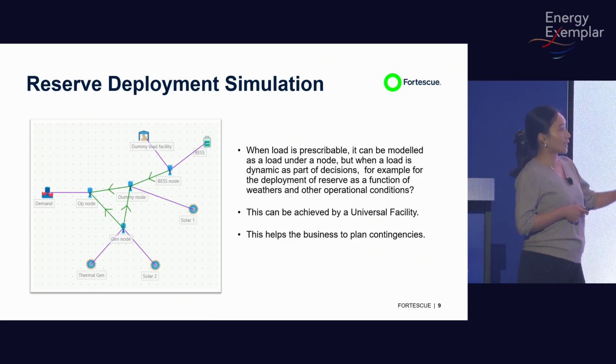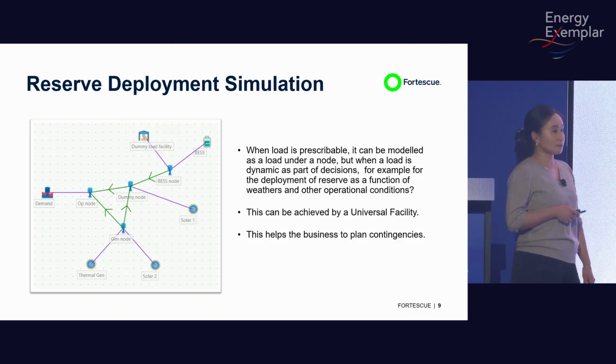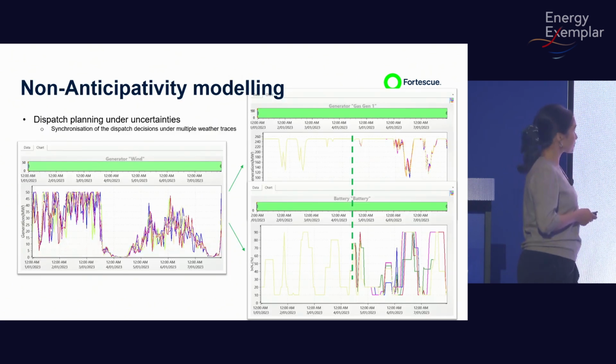Given that rationale, we can basically synthesize the behavior and also do the simulation and the uncertainties for deploying reserves. So this is a very simple toy model. The whole model is more complicated, but the story is we're using universal libraries to model the controllable load.